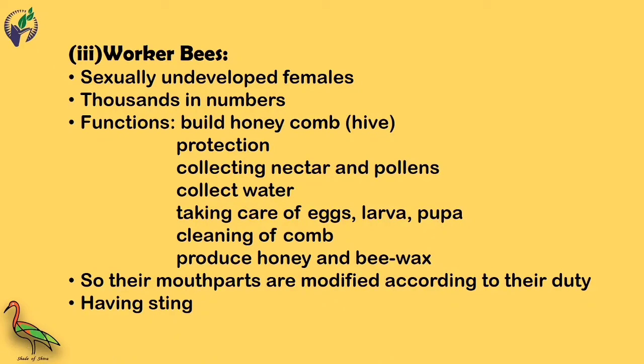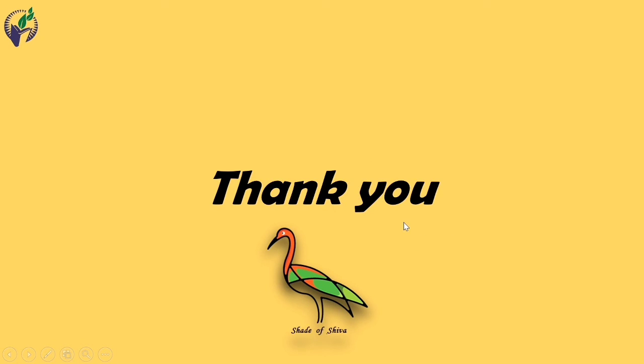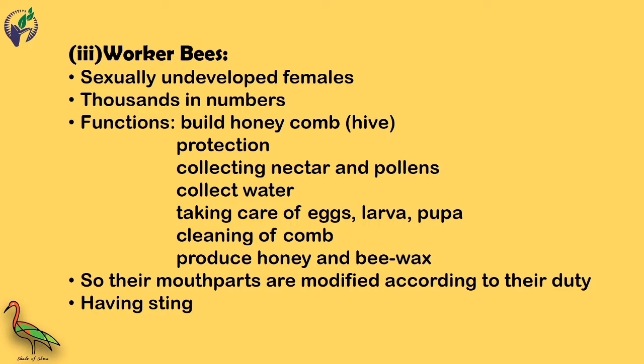The queen has only one function, to reproduce with the male and produce the eggs. Taking care of them is the responsibility of workers, and workers also clean the comb, produce honey and beeswax. So the mouth parts of workers are modified according to their duty.